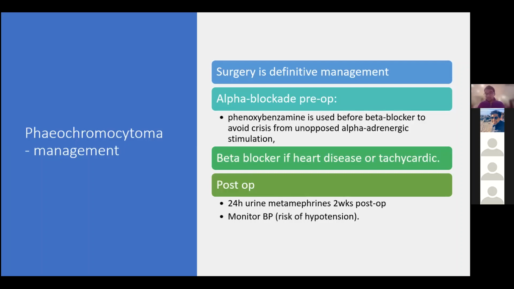You want to beta block them after alpha blocking if they have ischemic heart disease or tachycardia. You don't want to precipitate an MI. And post-op, you want to be monitoring their blood pressure and their urinary metanephrines to make sure that it has resolved.